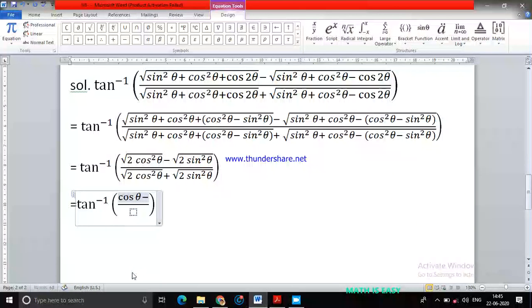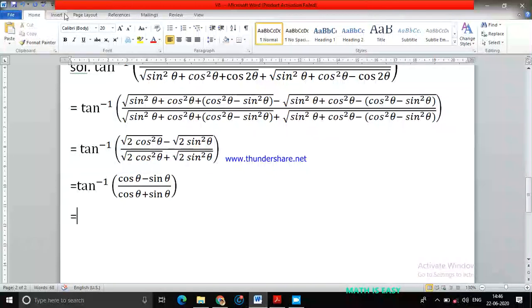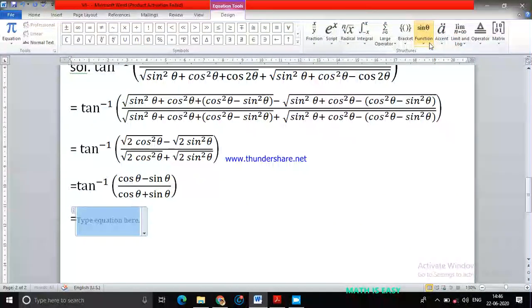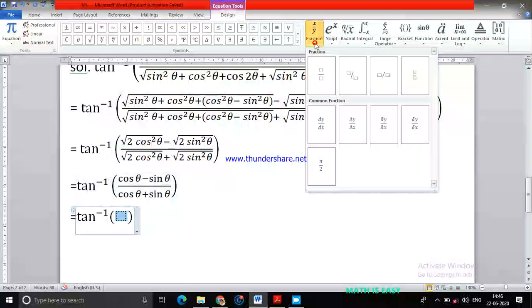Cos theta, then you have minus sin theta left out. If I come to the denominator, under root cos square theta is again going to be cos theta, then plus the next term you are left with is sin theta. Okay. So then the next step I'm going to solve. I think these steps we used in class 11th standard. You should have remembered, but we discussed in class 11 how to solve it.